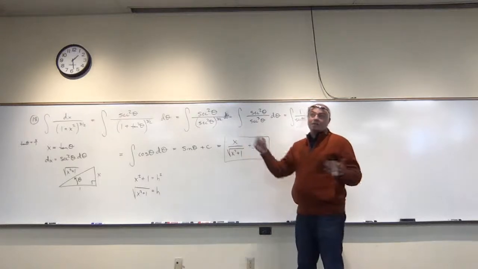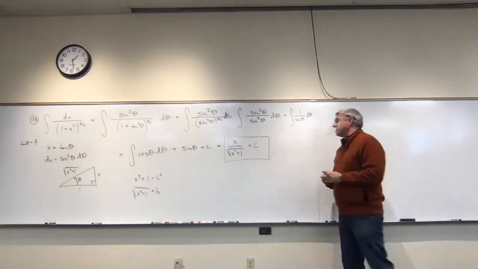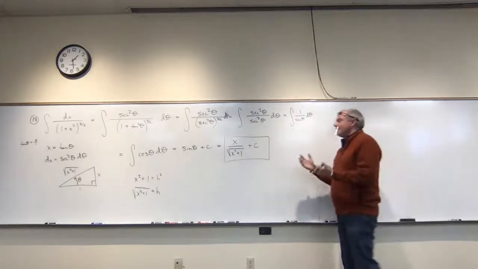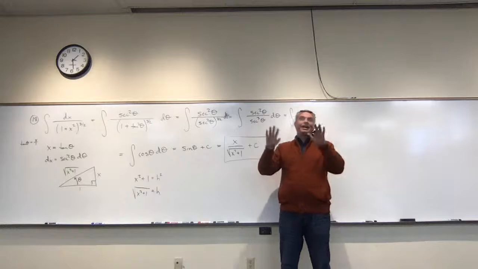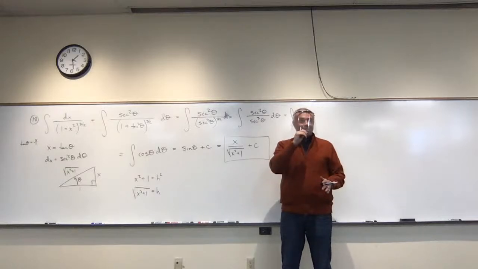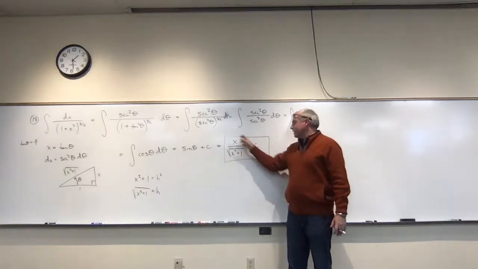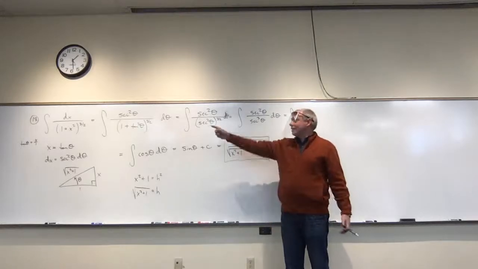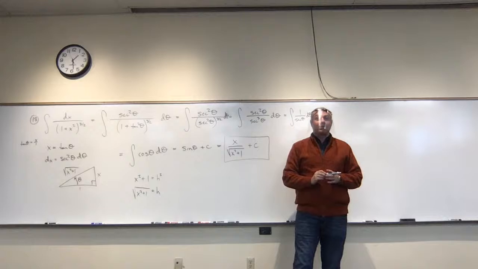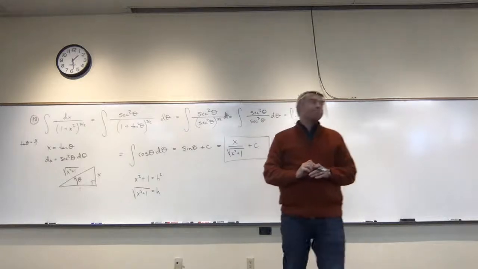That's a good strategy sometimes on exams, but sometimes you get something so disgusting that you're like, forget it, I'm just going to trust myself. But in this case, I think this is easy enough to take the derivative of that I might just do it real fast to make sure that I get what I started with.